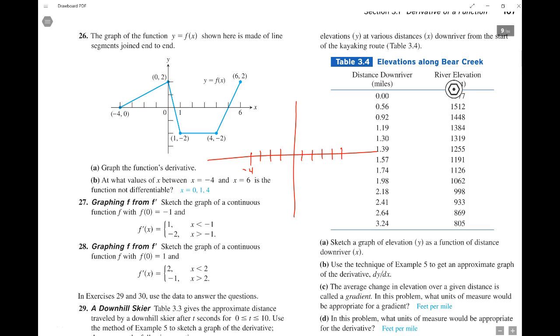You find the slope of the first segment, and then the y values are going to be the slopes. The first one has a slope of, looks like up 4 over 4, so 1 over 2.